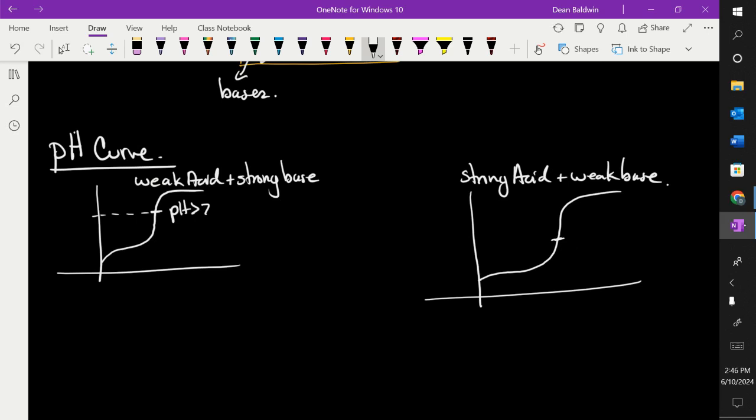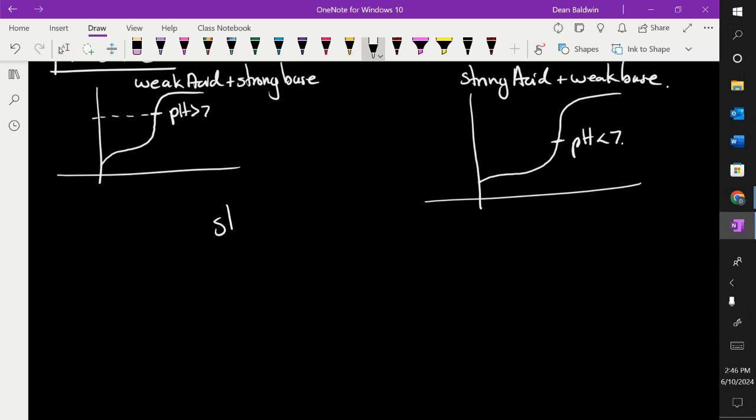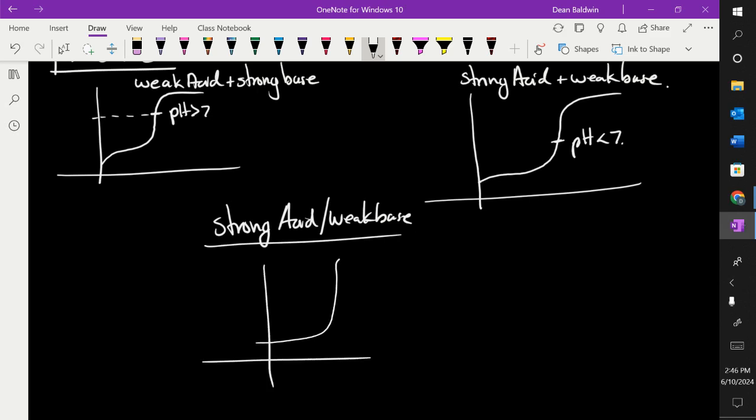I'm drawing bad curves here. And what if it's strong and strong? Oh, sorry.